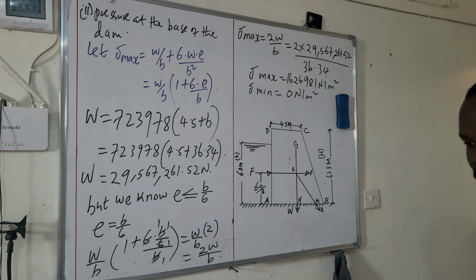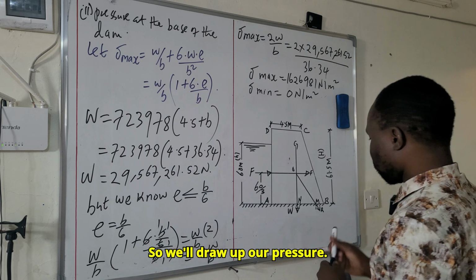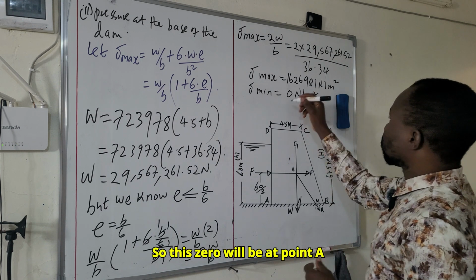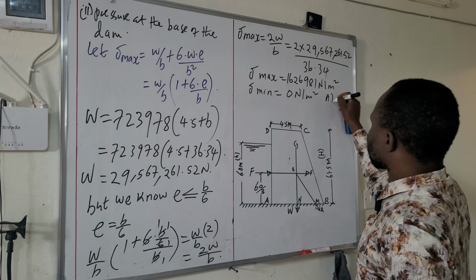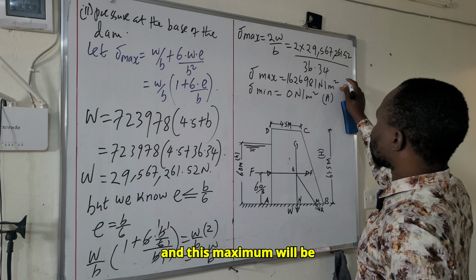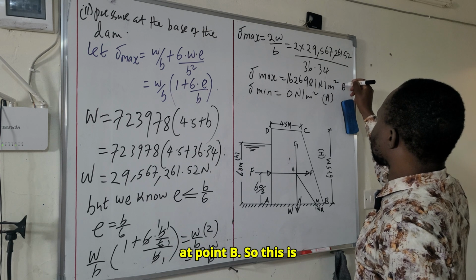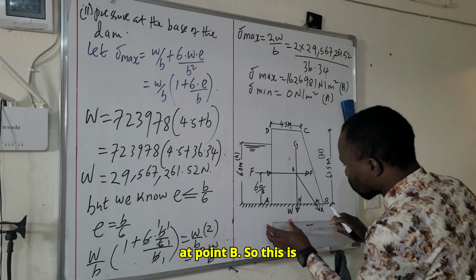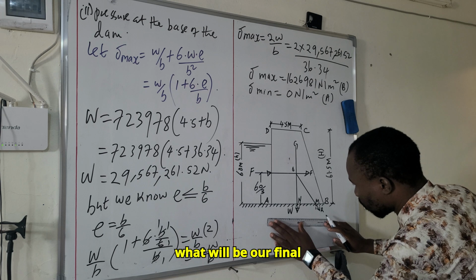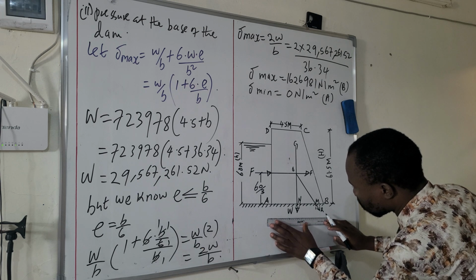We'll draw up our pressure. So this 0 will be at point A, and this maximum will be at point B. So this is what will be our final diagram.